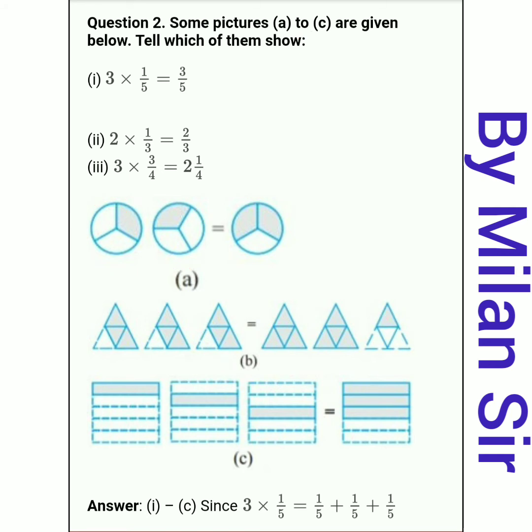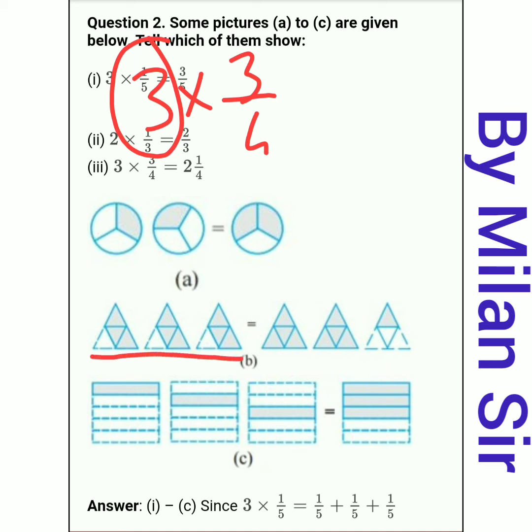Then question number 3. 3 multiply 3 by 4. Here the total number of figures is equal to 3. So a total of 3 figures are present in option B, and in each figure 4 parts are there.